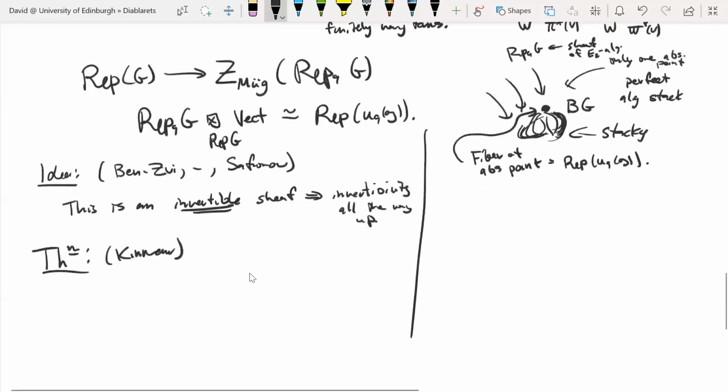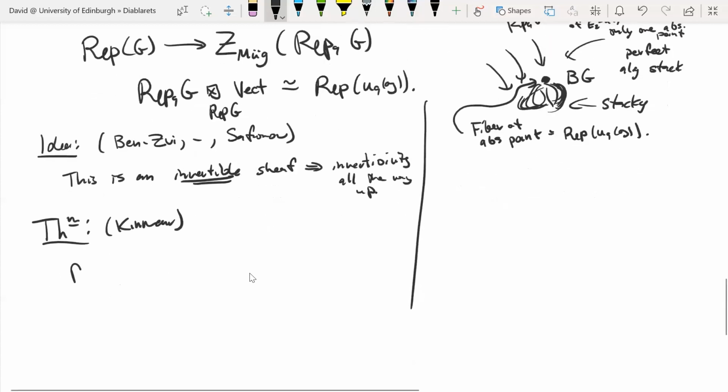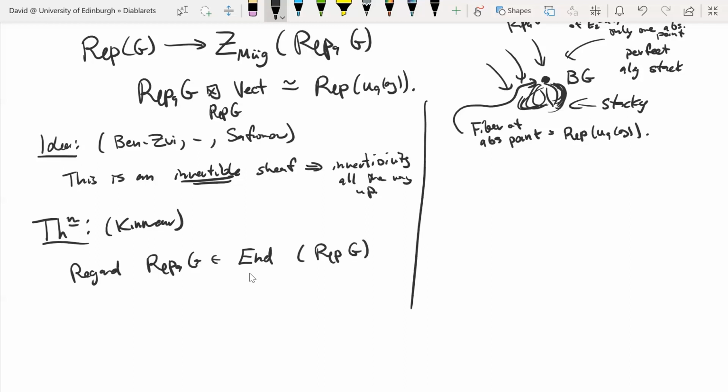So what we do is we regard rep QG not just as an E2 algebra, but as an endomorphism of rep G in the 5 category of symmetric tensor categories.